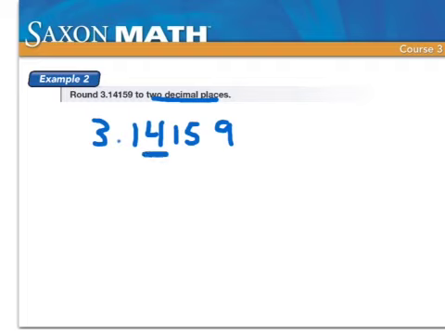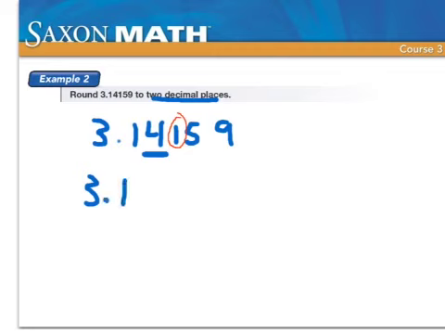Then we're supposed to circle the spot to the right of that. I'm going to circle my 1, because my 1 tells me how to round. Everything to the left of my underlined number stays the same.